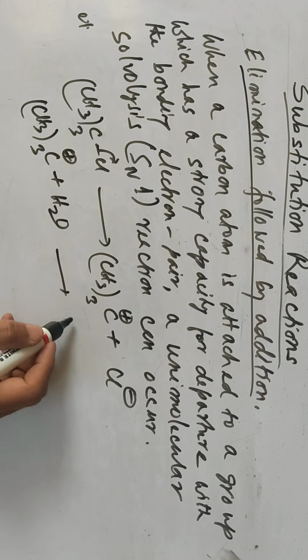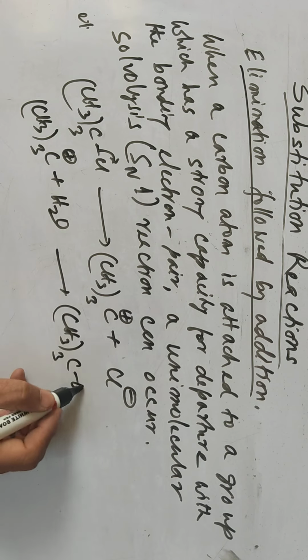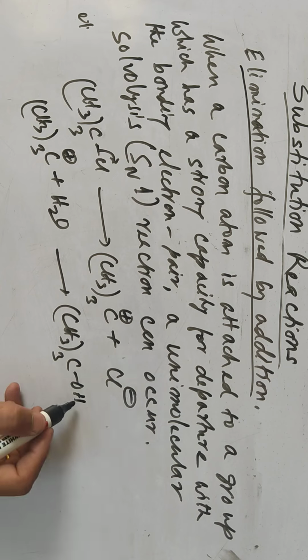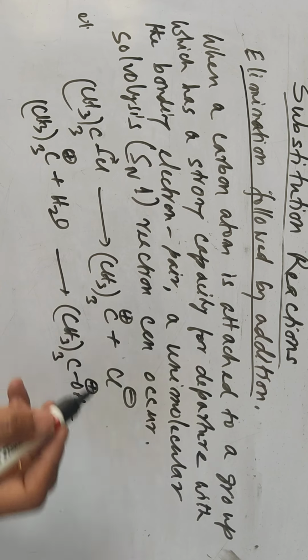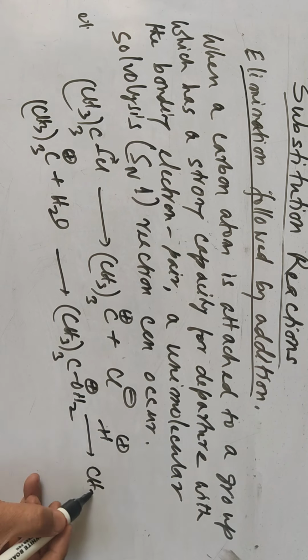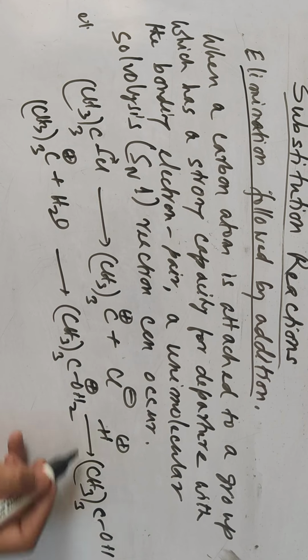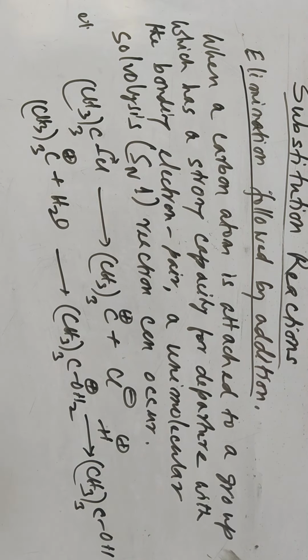You can say CH3, CH3, COH. Then it loses this proton, and we can have the alcohol, CH3, COH, that is tertiary butyl alcohol.